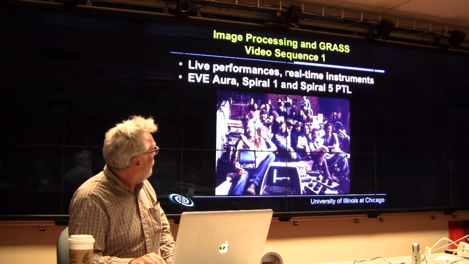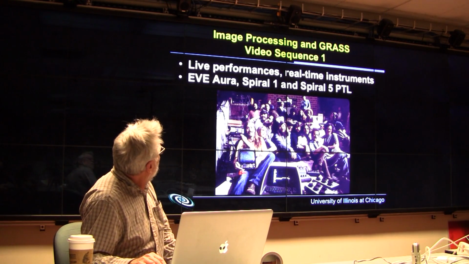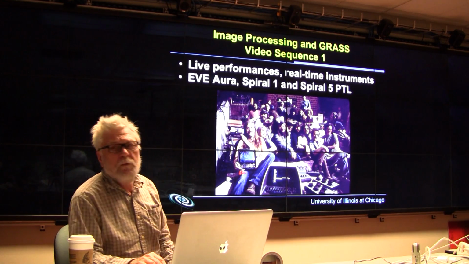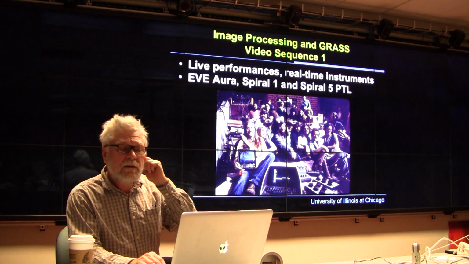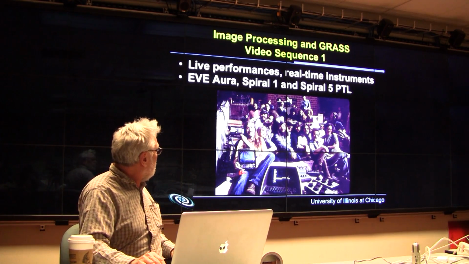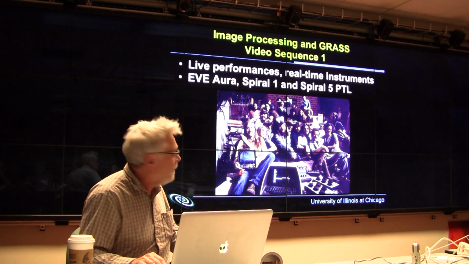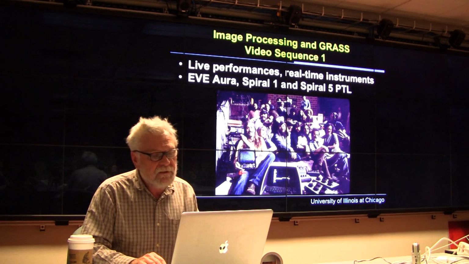And here's a picture of the crew for Eve 1. And you can see it's actually quite a few people participating at various levels. We had a number of pieces performed, and typically each one of us was involved in 1 or 2 pieces, and the rest were involved in other aspects of it.